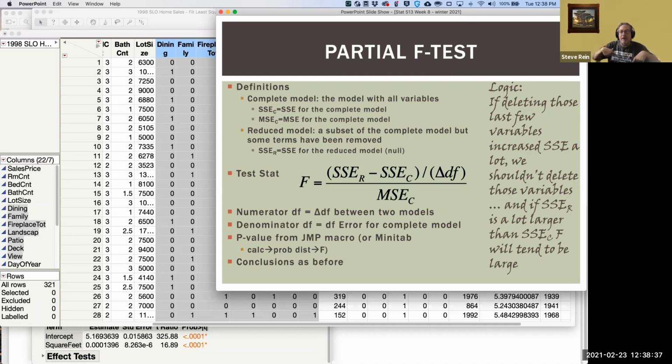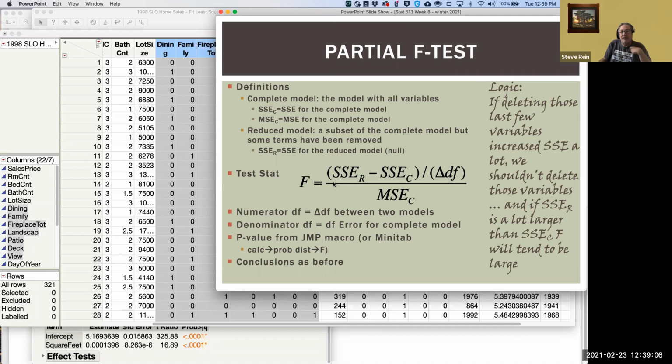The smaller one is reduced in size because it has fewer variables. I'm going to look at the difference of SS error between those two models, and then I'm going to divide through by the change in degrees of freedom between the two models. Whether it's change in degrees of freedom for the model or for error, it really doesn't matter.